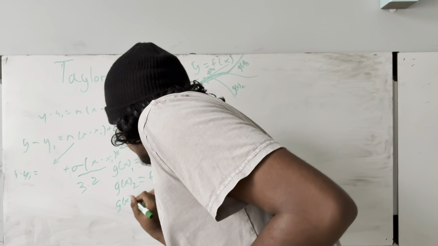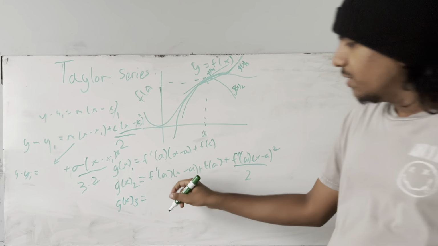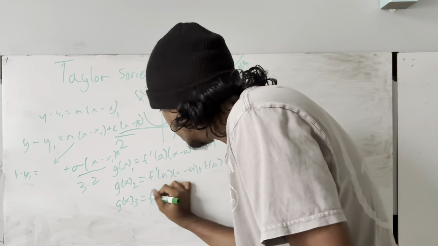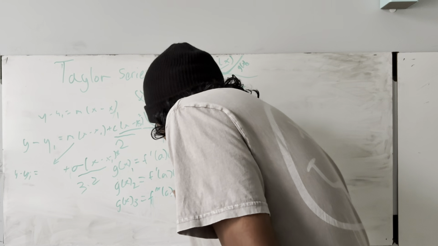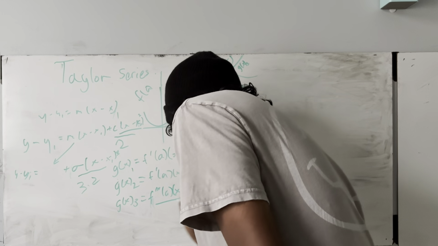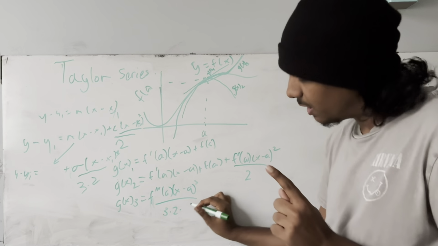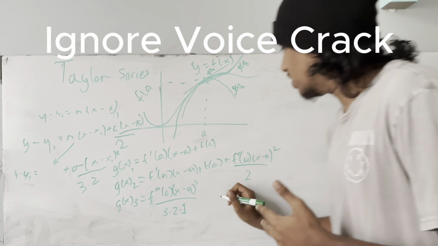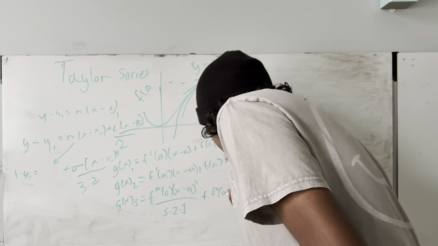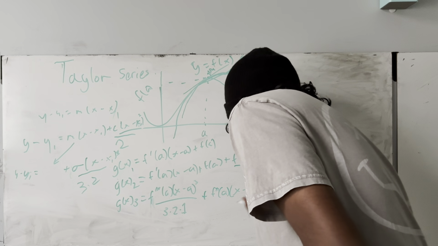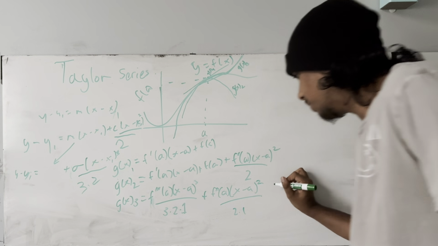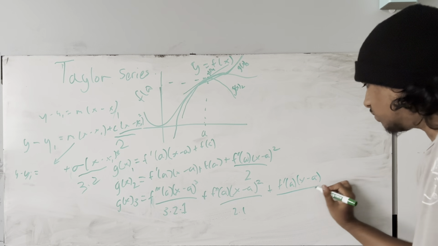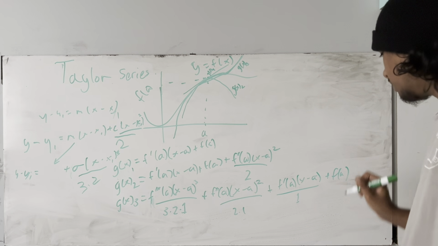So g of x to the third, gx3, is f, let's rewrite it. Let's put the derivatives in order this time. But the same thing: f triple prime of a times x minus a cubed over 3 times 2 times, this time I'm going to put a 1, so it makes a little more sense, so the pattern can become more obvious to you guys, plus f double prime a times x minus a squared over 2 times 1 plus f prime of a times x minus a over 1 plus f of a, right?